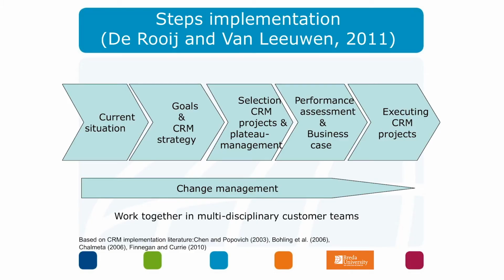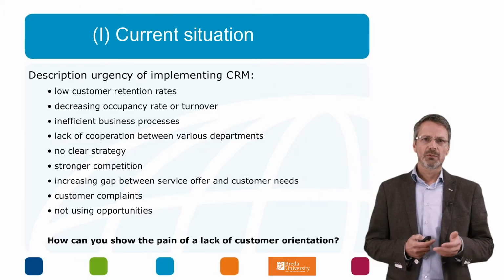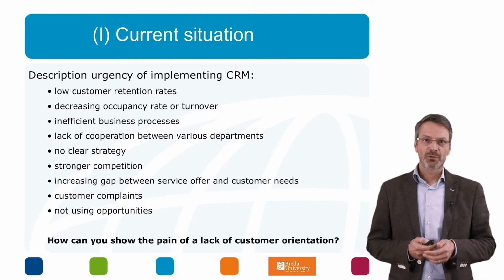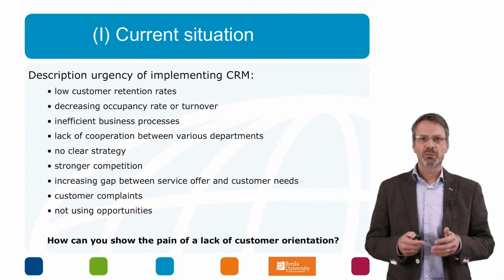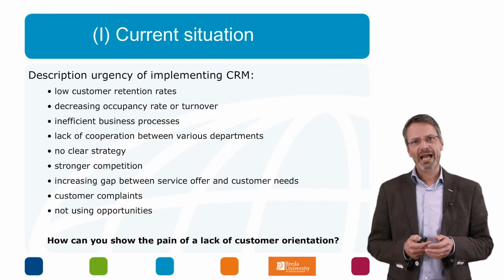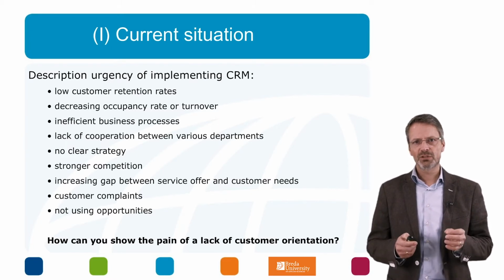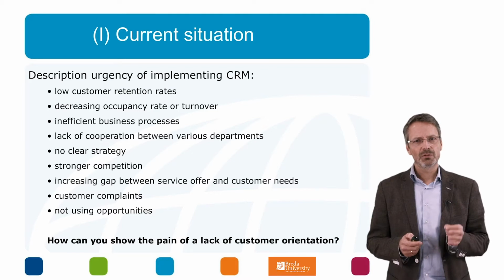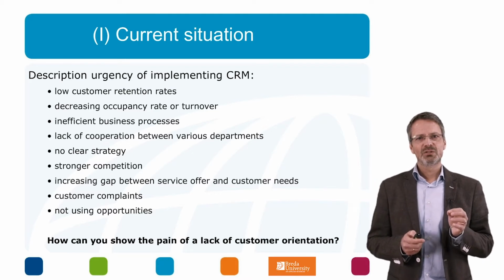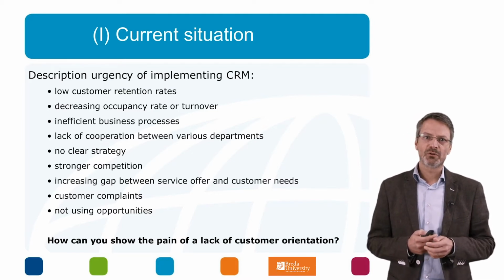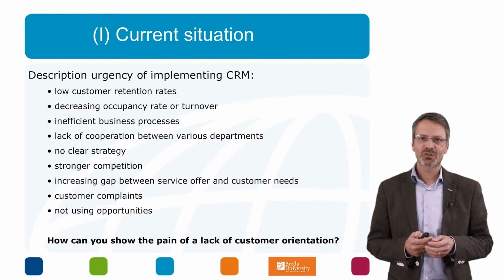Based on several theoretical models in the book of mine and Rooij and Van Leeuwen, we made a 5-step procedure. We will discuss this 5-step procedure in this clip. And we will start with the current situation, because when you start implementing CRM, it's important to have a good idea of the current situation, and especially about what is the need for this customer orientation, or this customer centricity.